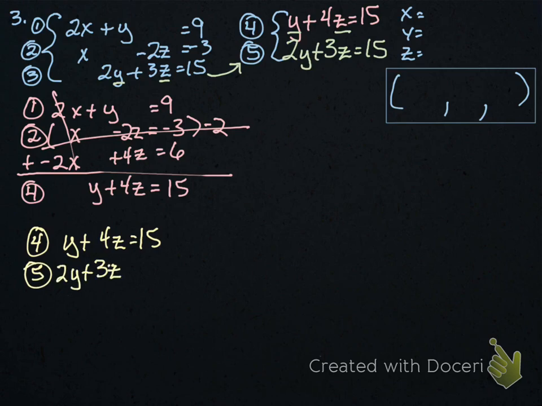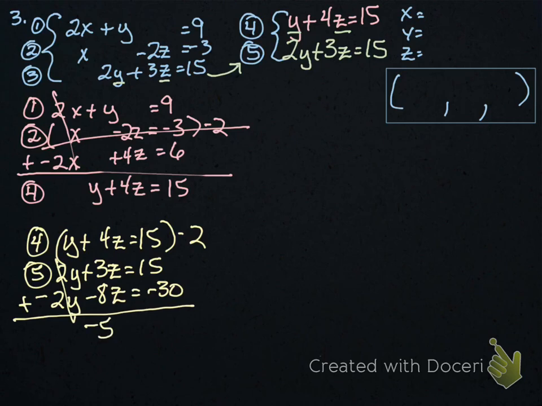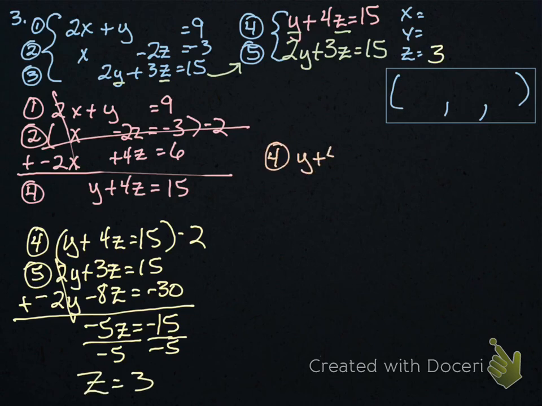Use my equation 4 and 5 to figure out what one of my variables is. I'm going to use my y's to get rid of my y's. Okay, so I end up with z is equal to 3. Plug that back into problem 4.